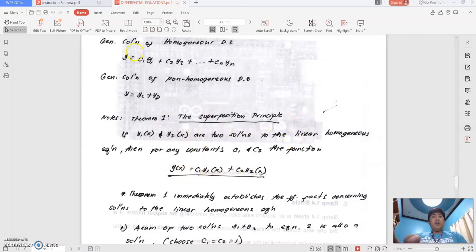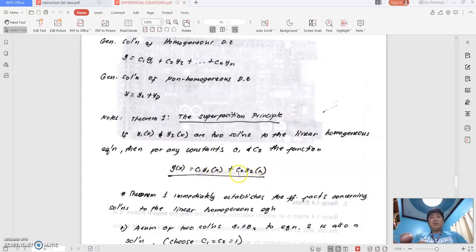So you have c sub 1 y sub 1 of x, which is a function of x, plus c sub 2 y sub 2 of x, also a function of x. Meaning you will substitute your y sub 1 of x and y sub 2 of x here.